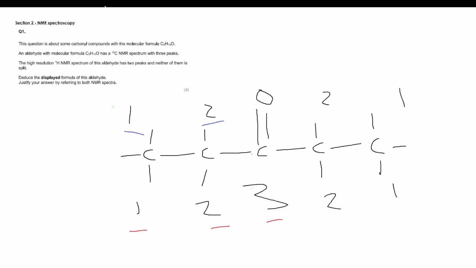I'm going to keep this here. Sorry. I'm going to write this down on my paper. So C, C, C, O, C, C, and obviously in the exam, I'm drawing every single hydrogen here because it is, of course, displayed formula.